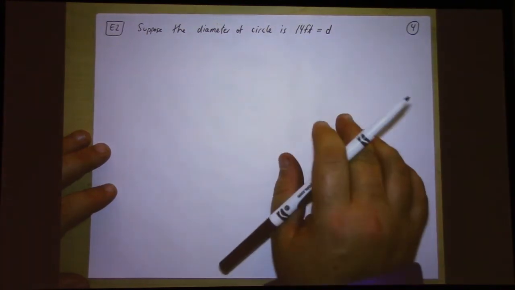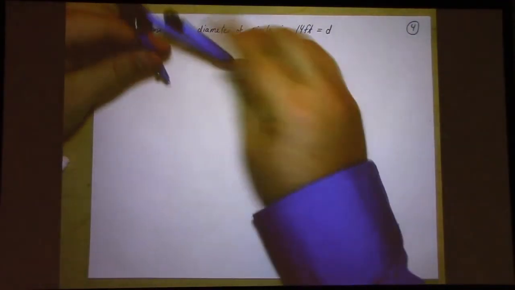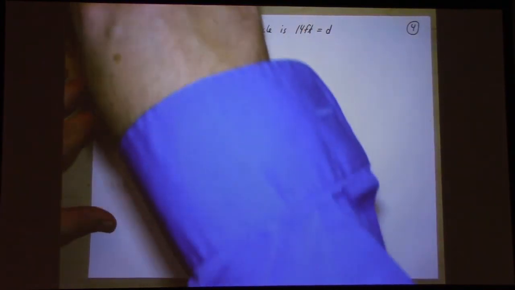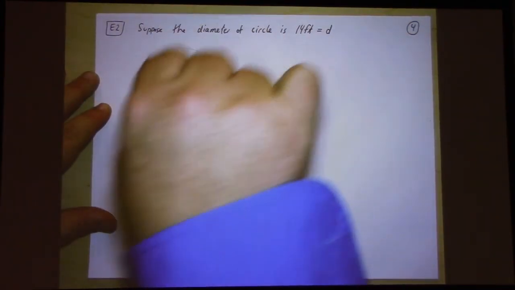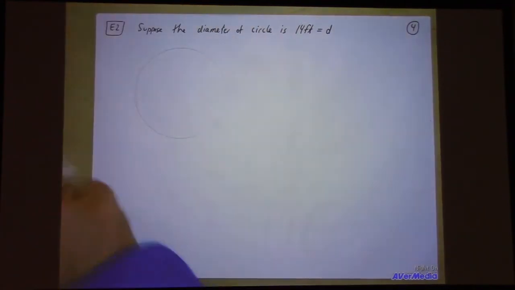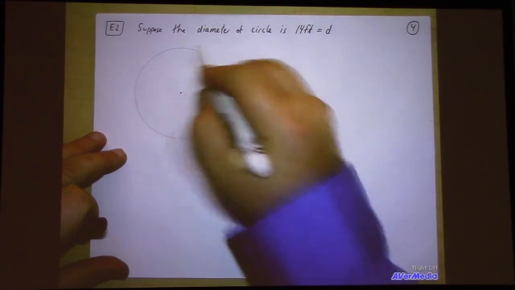All right. So let me just review that stuff briefly. So a circle is what? It's the set of points that are equal distance from a central point, right? So you can construct a circle with a compass, right? That's the set of all points that are the same distance from the central point.